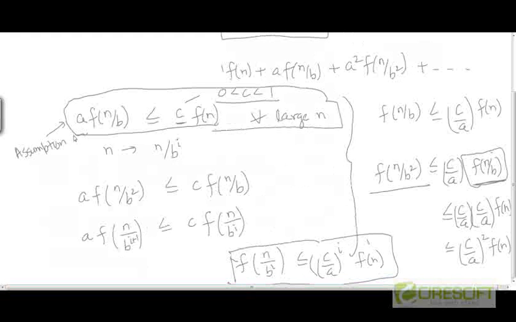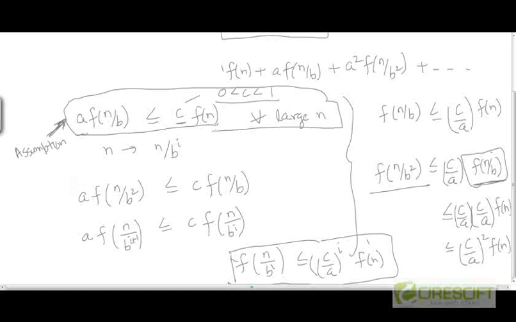Now, since we made this additional assumption, when we encounter recurrence relations where case 3 appears to be holding, that is, suppose we are given a recurrence relation for which f of n turns out to be polynomially larger than n to the power log of a base b, that's not sufficient to apply case 3. We also need to verify that this assumption holds.